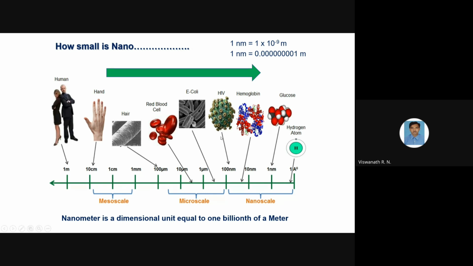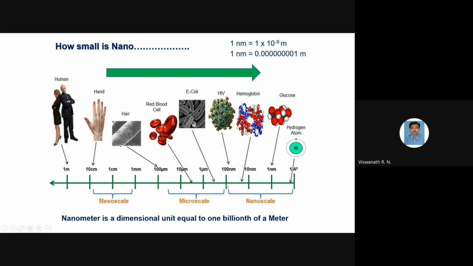But it is less than 100 micrometer. Then cells, blood cell, E. coli, HIV. But here these are bacteria. Bacteria, red cell, E. coli, these are bacteria.